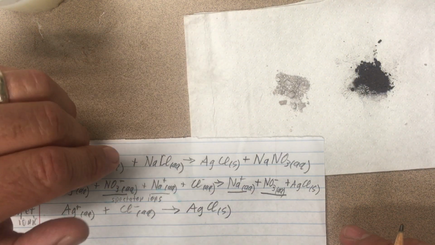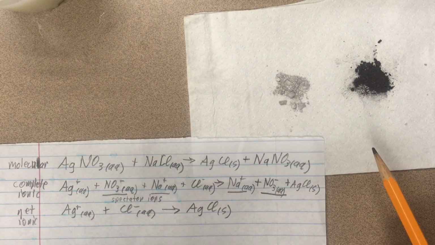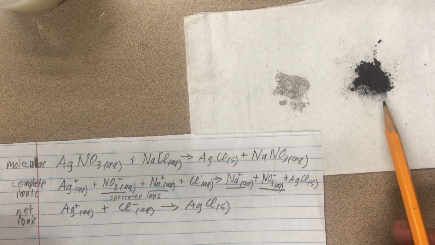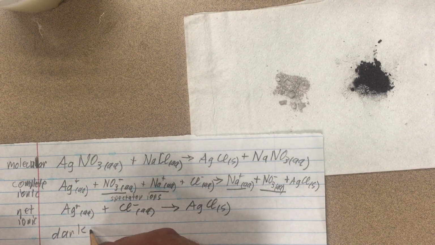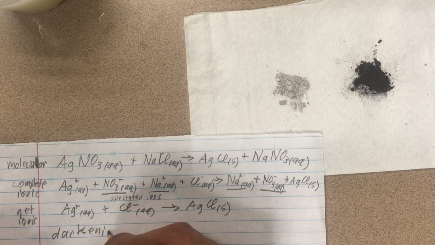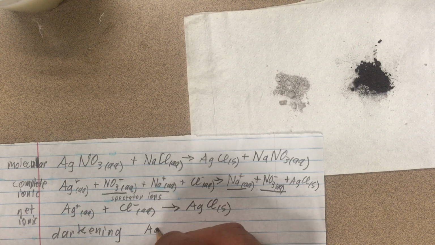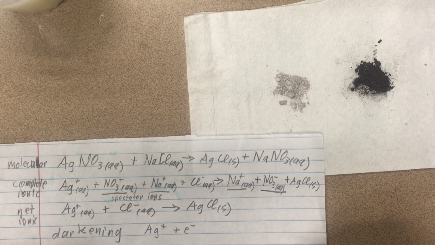Okay, and the reason it darkens is because the energy from the ultraviolet light is enough to bounce electrons around in the solid, and actually what happens in the darkening is that these silver ions pick up electrons loosened by irradiation by ultraviolet light.